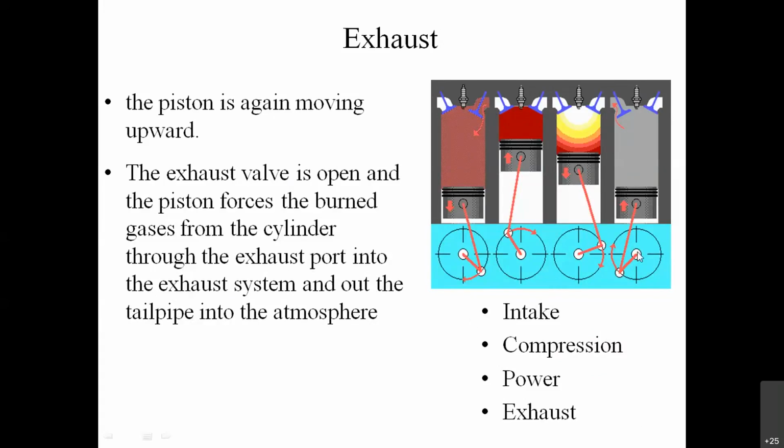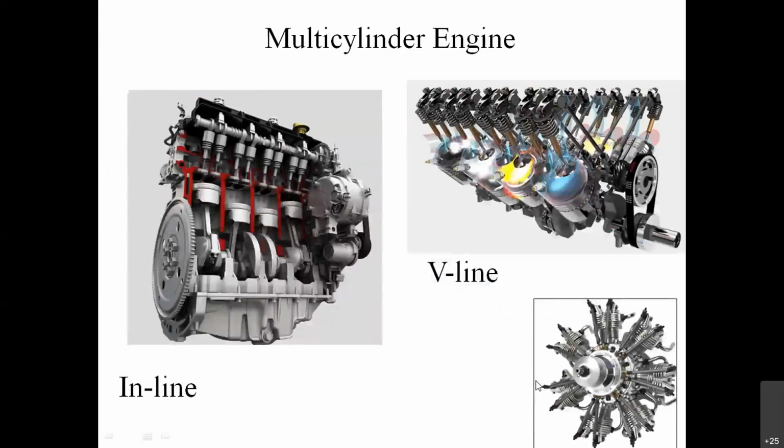Out of these, only 180 degrees is responsible for generating the actual power, and the power generated by a single cylinder is not sufficient to drive the vehicle, hence instead of a single cylinder, multi-cylinder engines are used in vehicles.